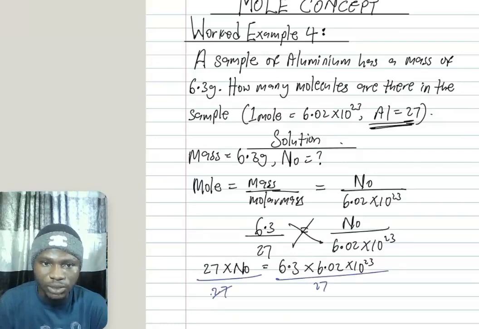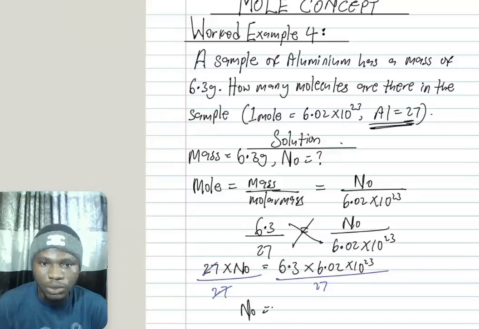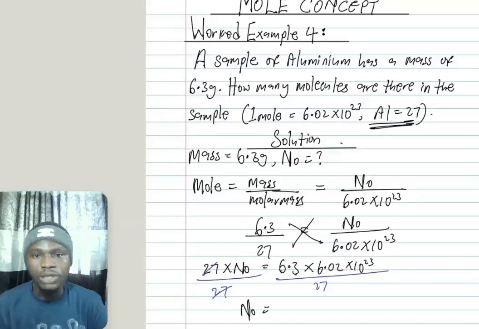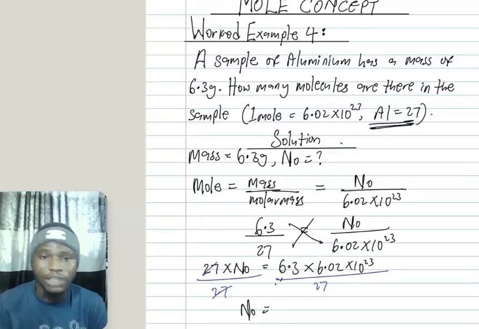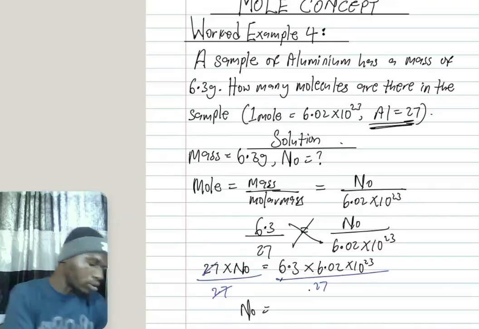So this and this will cancel each other. Then after that, what do we have? We have number of particles equal. If it is for JAMB students, they don't have a calculator to carry this out, so I will just say do 6.3 times 6.02 divided by 27 first. I'll be using my calculator from here.